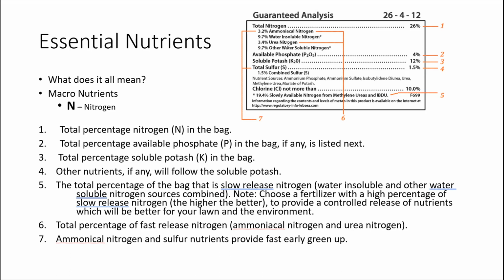Okay, so this is actually a much better way to approach fertilizing in a conventional way, where you're not putting down all 100% available nitrogen for immediate uptake by the plant, utilizing a fertilizer that has some water insoluble nitrogens or slow release nitrogens.